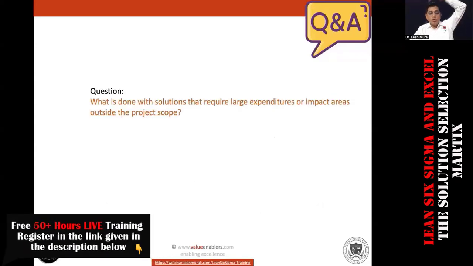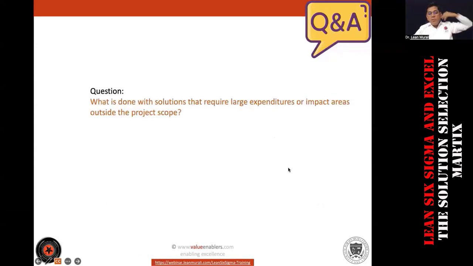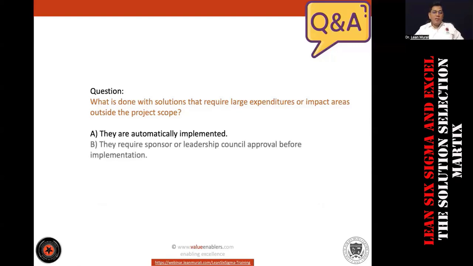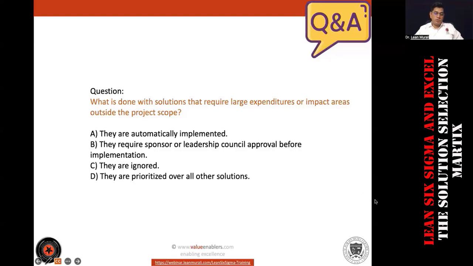What is done with solutions that require large expenditure or impact areas outside the project scope? What is done with the solutions that require large expenditures? They are automatically implemented. They require sponsorship or leadership approval before implementation. They are ignored. They are prioritized over all other solutions.